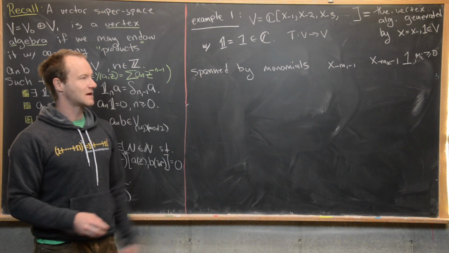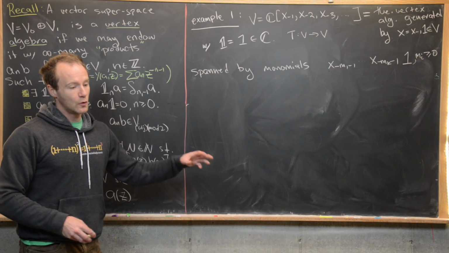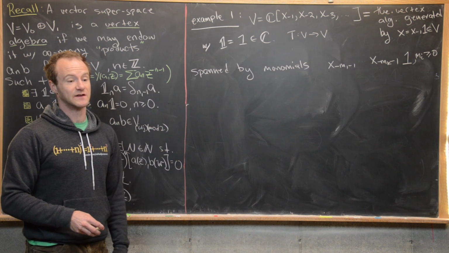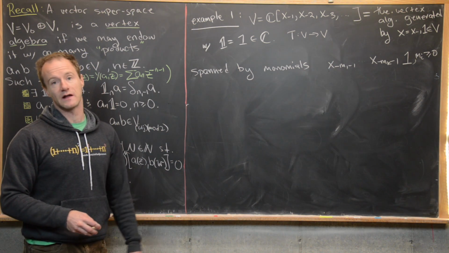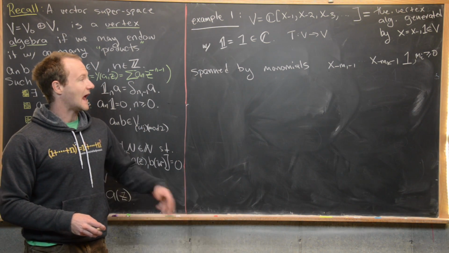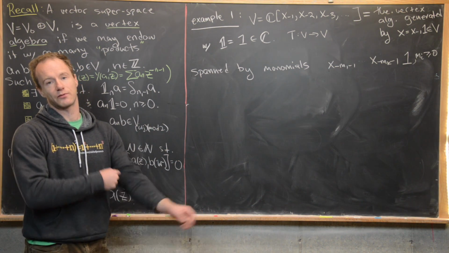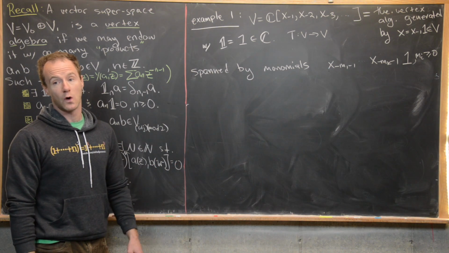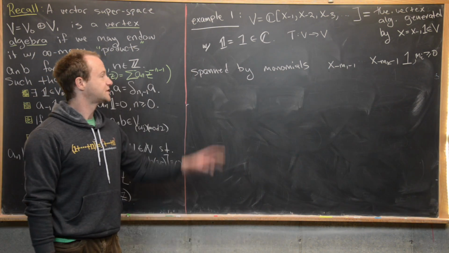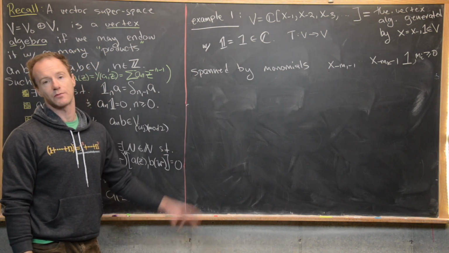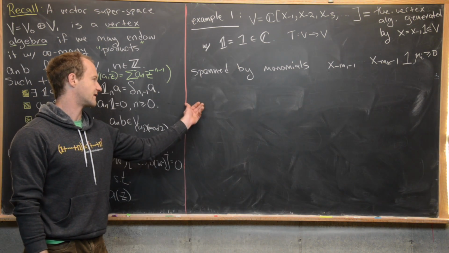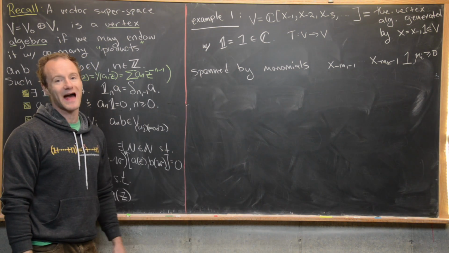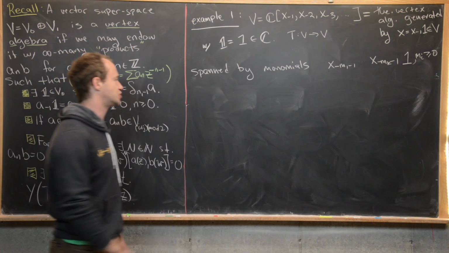So since we're spanned by monomials like that, we need to talk about what the vertex operator of such a monomial looks like, and what the translation operator of such a monomial looks like. We'll see that those are one and the same question. So we'd like to look for a vertex operator for an arbitrary monomial like that. If we can get a handle on what that vertex operator looks like, we're in good shape.